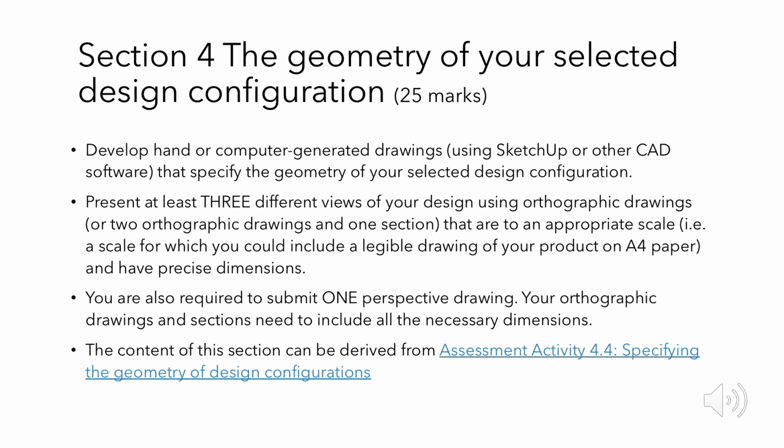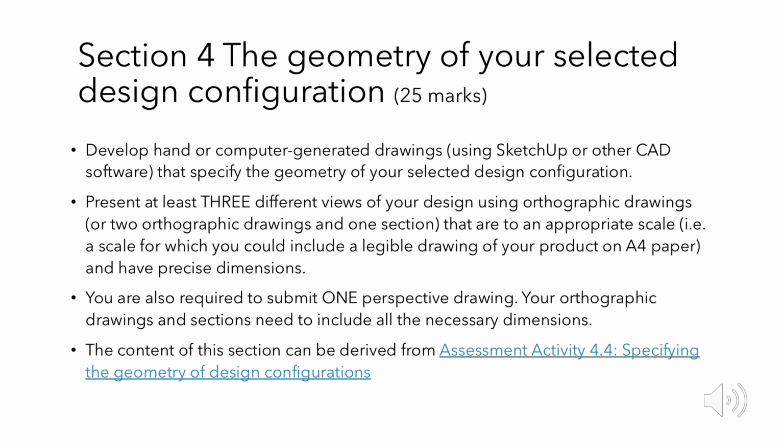So the final section of the TMA is where you present your final design configuration. So you're asked to either do hand or computer-generated drawings that, as it says, specify the geometry of your selected design configurations. That's quite a posh way of just saying how the thing fits together, really.